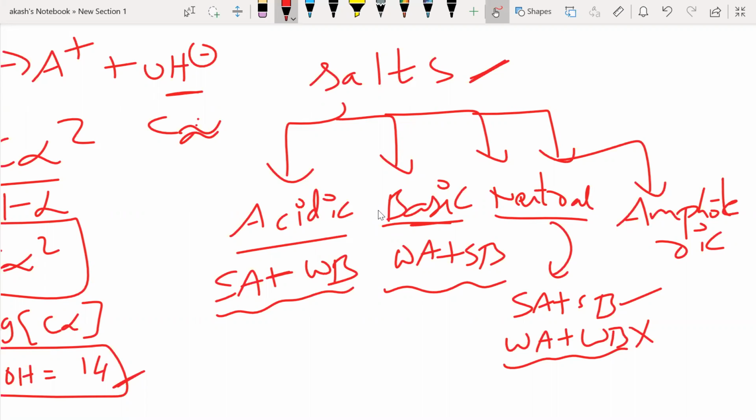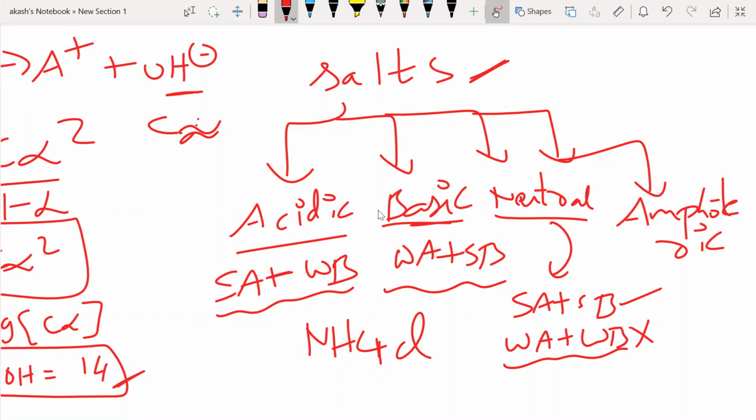For example, if I give you NH4Cl, now tell me whether it's an acidic salt or basic salt. Acidic salt? Yes. How did he say? NH4+ and Cl-.